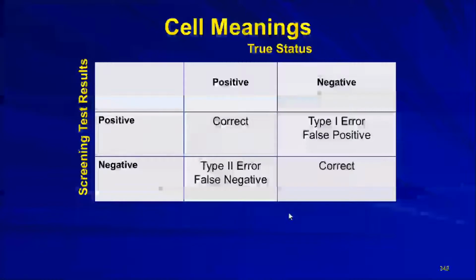Well, when we talk about a type 1 error, we're talking about a false positive, and hopefully this will help you never to forget what these terms mean. So a false positive really means somebody doesn't have a disease or they're negative for it. Okay, a type 2 error is a false negative. That means they tested negative, but they really have the disease.